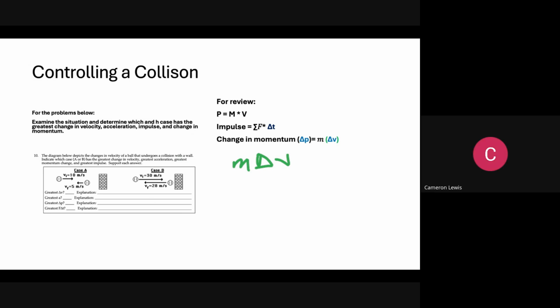So let's assume that these scenarios also happen at the same time. Therefore, acceleration is equal to change of velocity over time.